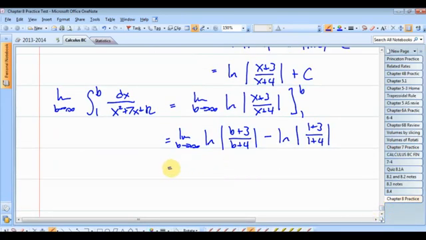Let's take a look at that natural log. As b goes to infinity, we have a first degree over first degree, 1 over 1, 1. So natural log of 1 is 0.